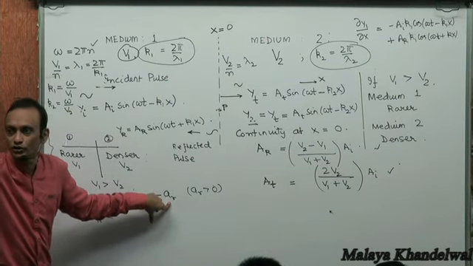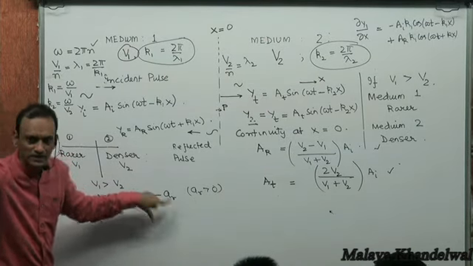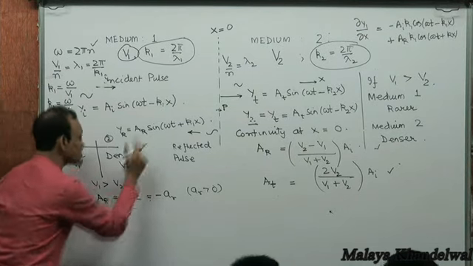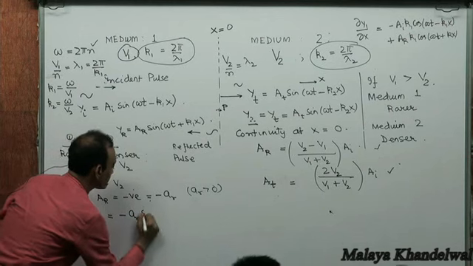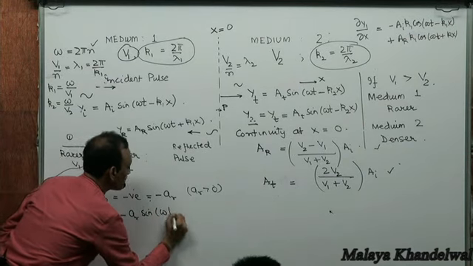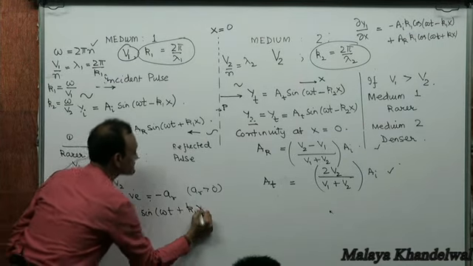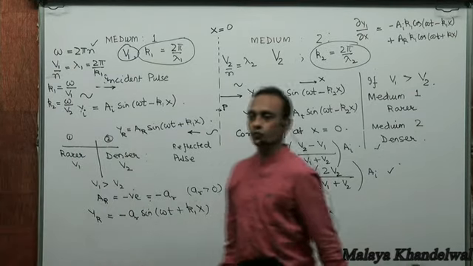So this will become minus small AR sine omega t plus k1x. Yes or no?